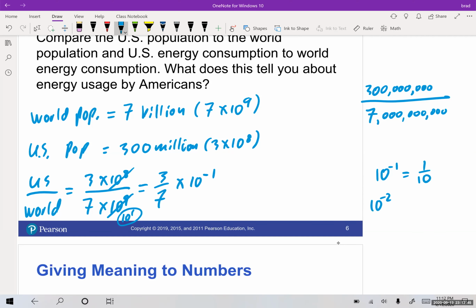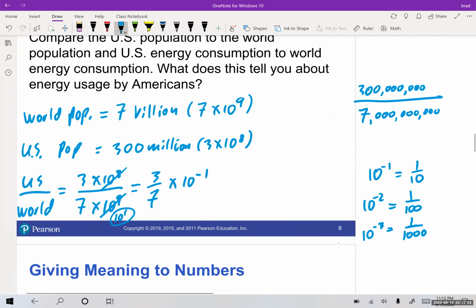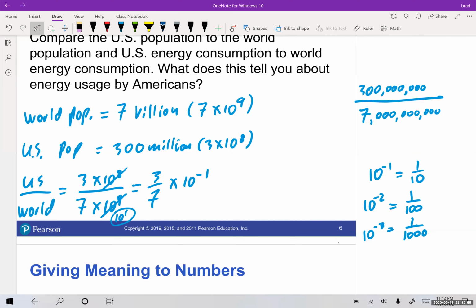If you have 10 to the negative 2, that's the same as 1 over 100. If you have 10 to the negative 3, that's the same as 1 over 1,000. So whenever you multiply something by a negative power of 10, you're actually multiplying it by 1 over 10, 1 over 100, 1 over 1,000, and so on, which means you're basically dividing. Sorry, I screwed that up. The 10 is in the denominator, so that makes it 10 to the negative 1.